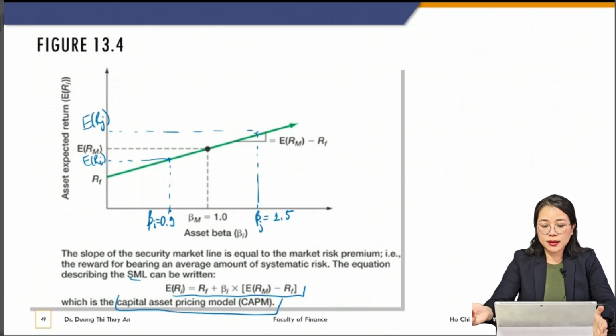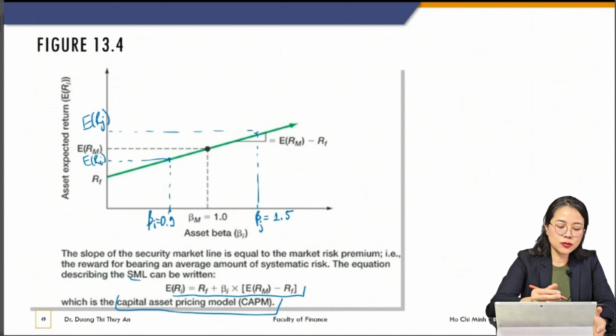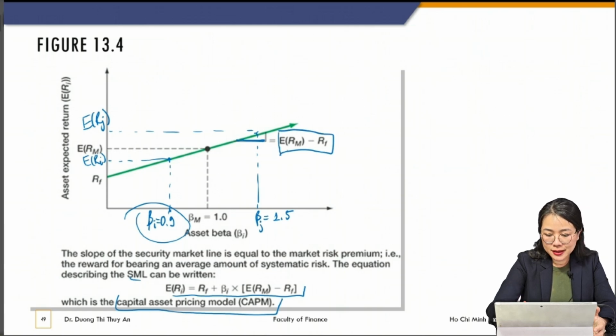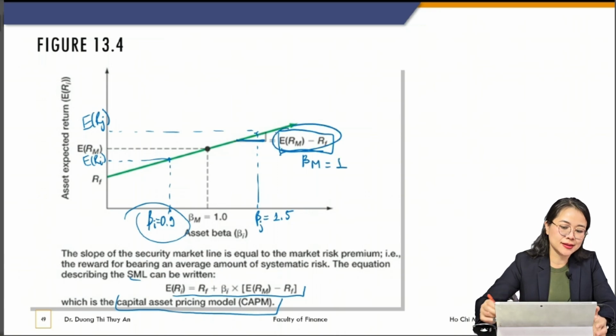So depending on the beta of the stock, the expected return will be determined by the beta of that stock and the slope of this line. Remember the slope of this line is this, divided by beta M, but beta M is 1, so basically we still have this.